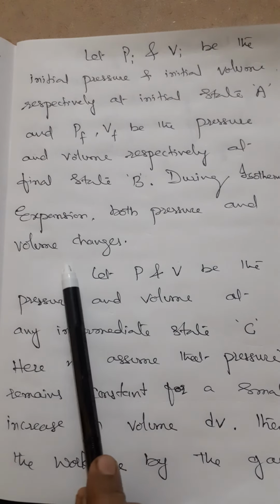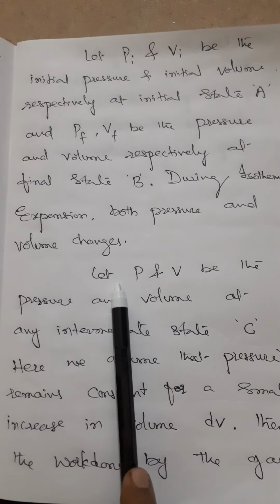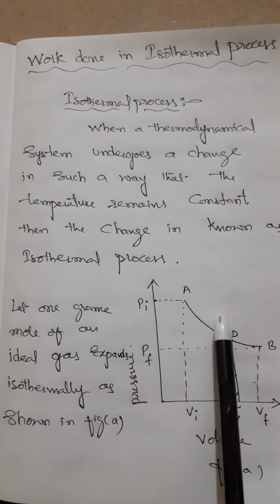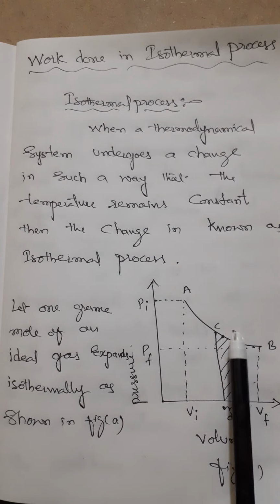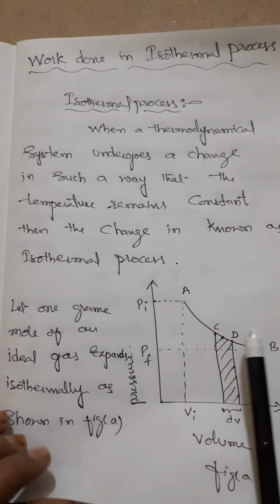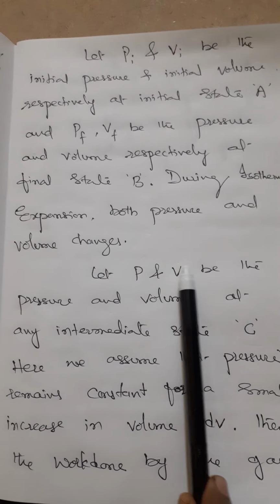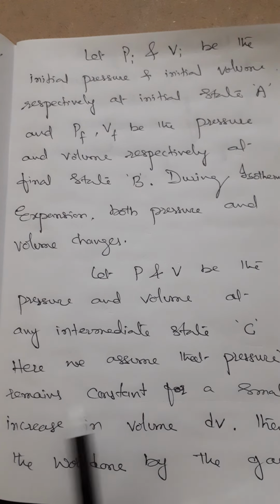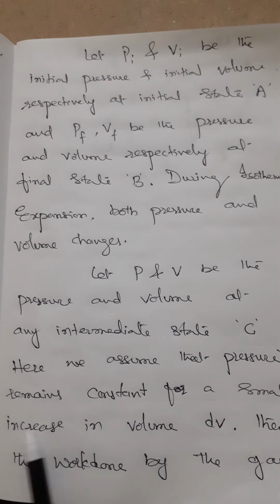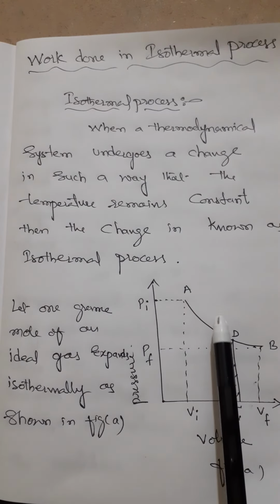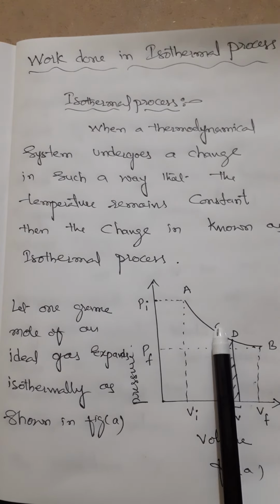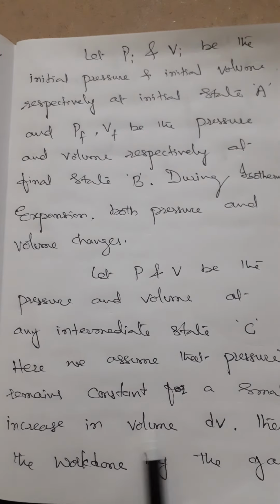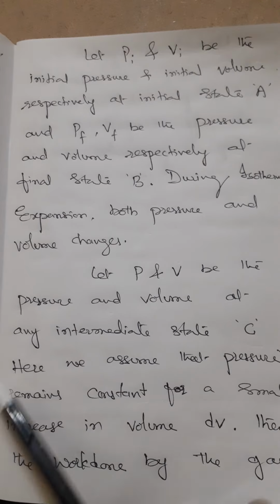Now, let us consider P and V be the pressure and volume at any intermediate state C. Here we assume that pressure remains constant for a small increase in volume dV, from C to D. Then the work done by the gas during this small expansion can be written as follows.